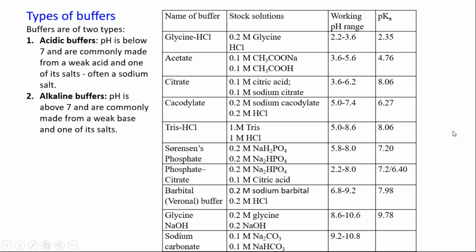Depending on the pH that you want to work at, you can choose which buffer you want. So if you want to work in the range of 4.5, you can use either acetate buffer or a citrate buffer. If you want to work in the pH range of 8, you can use a tris-HCl buffer.